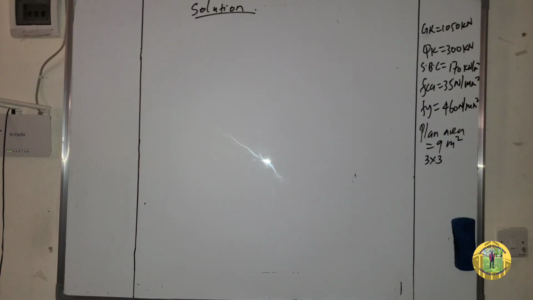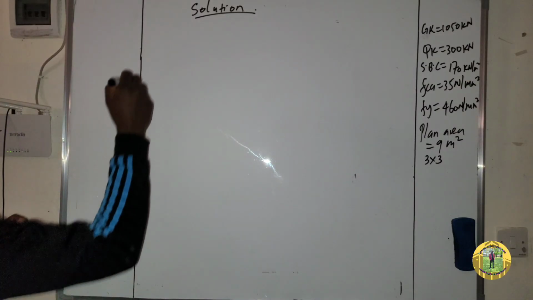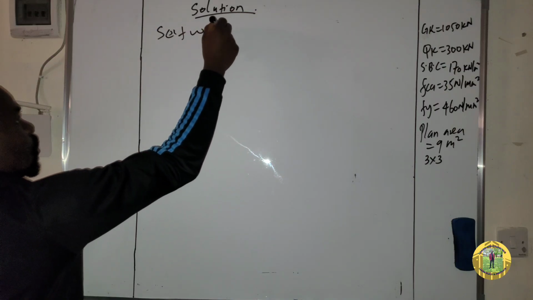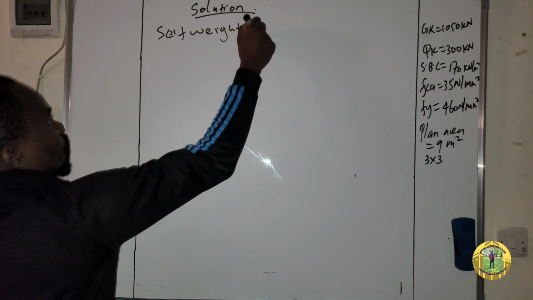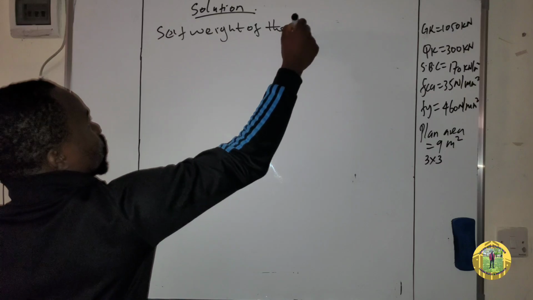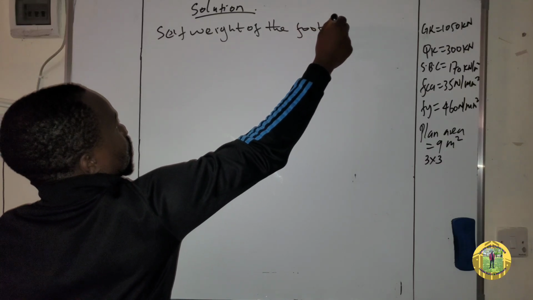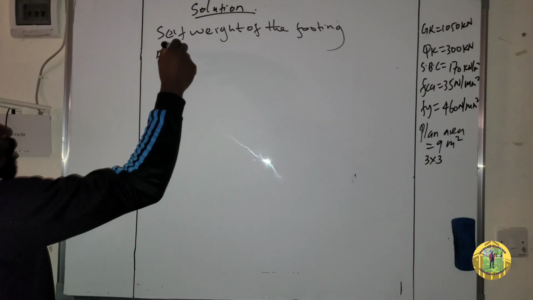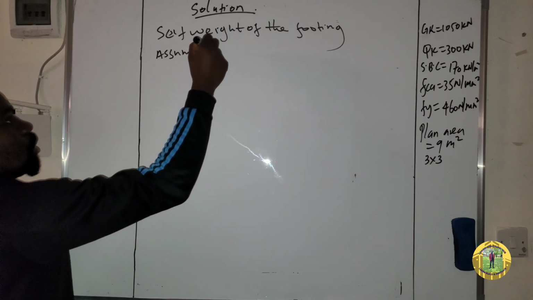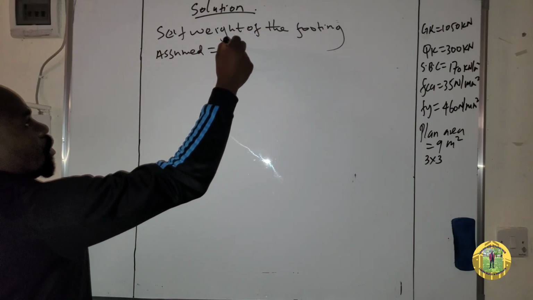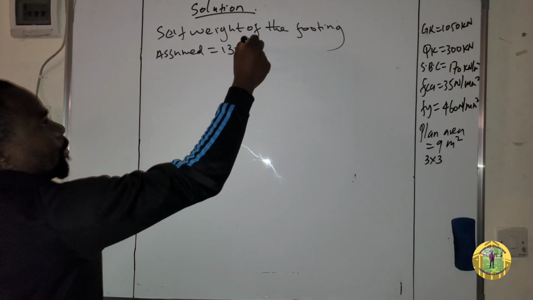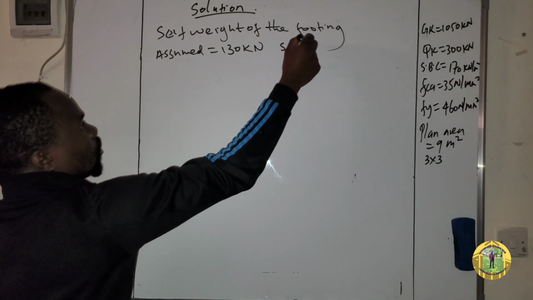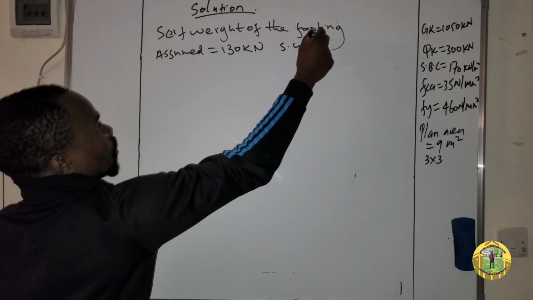So we proceed to self-weight of the footing. Remember, we assumed 130 kilonewton for self-weight of the footing.